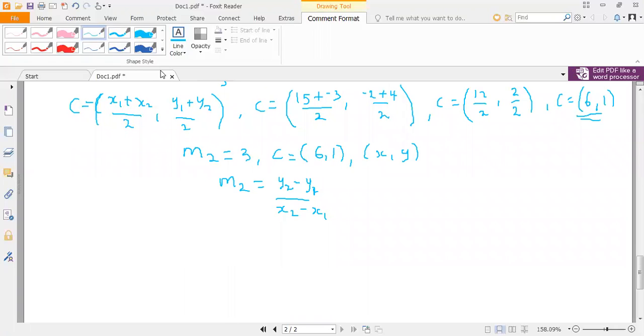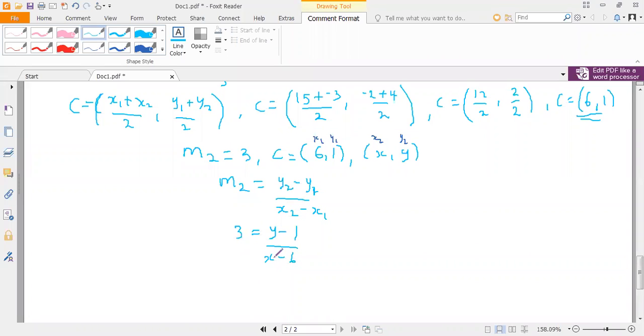So if we use 6 as x1 and 1 as y1, then we use x as x2 and y as y2 and substitute in this equation, we end up having m2, which is 3, as being equivalent to y2, which is y, minus y1, which is 1, divided by x2, which is x, minus x1, which is 6.